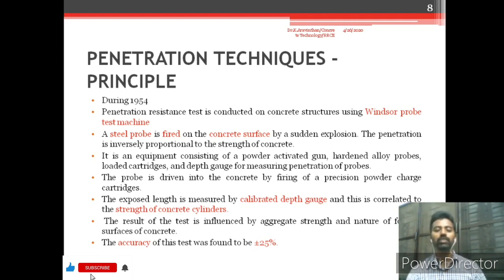The needle is forced by a piston into the concrete. Due to the penetration of the needle, the strength of the concrete is identified proportionally. The more the penetration, the lesser the strength of the concrete. The accuracy of this test lies within plus or minus 25%.